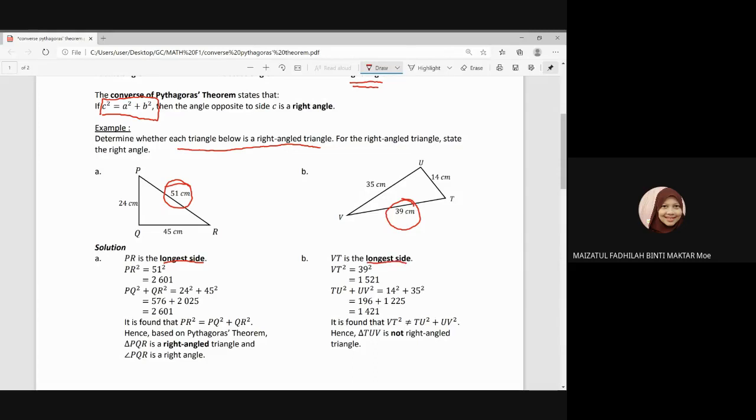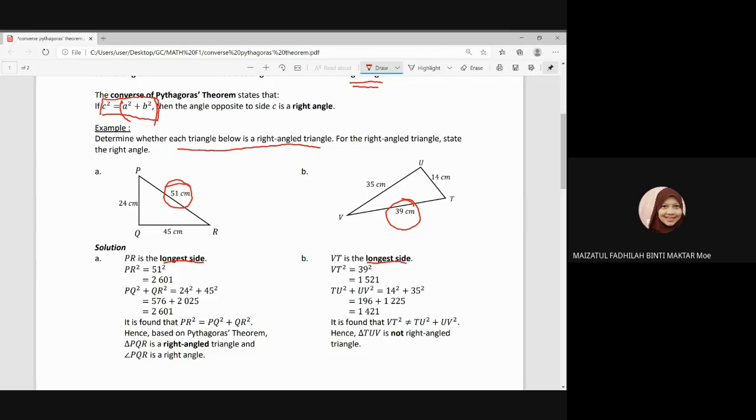Alright, after we determine which part is the longest side or hypotenuse, find first what value you will get for the hypotenuse square. So PR square equals 51 square. You will get 2601. Then we find A square plus B square, which means PQ square plus QR square equals 24 square plus 45 square. You will get 2601 also.